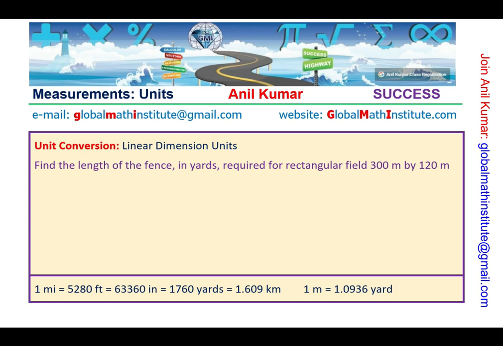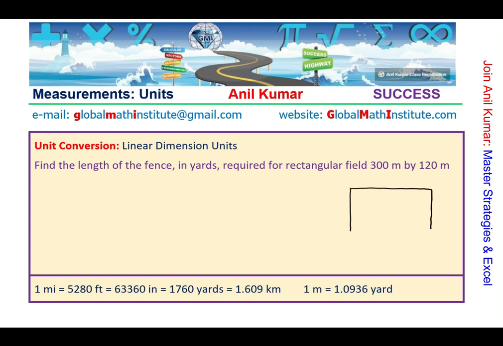So let's move on and extend this concept to the linear dimensions, where the problem now for you is: find the length of fence in yards required for a rectangular field 300 meters by 120 meters. So we have a field here, sketching the diagram for better understanding. 300 meters by 120 meters.